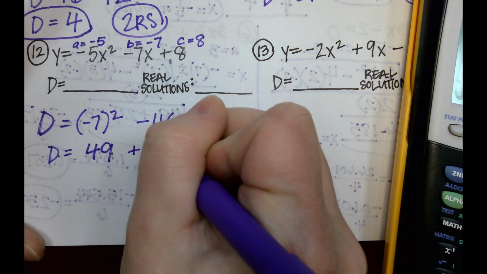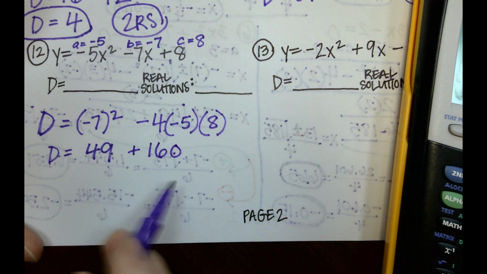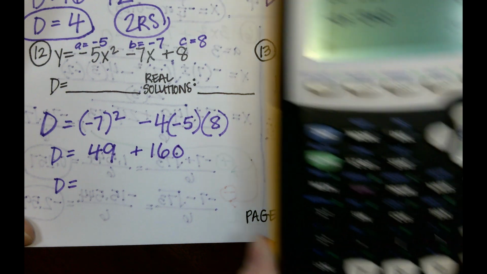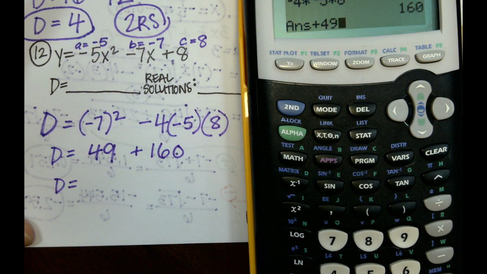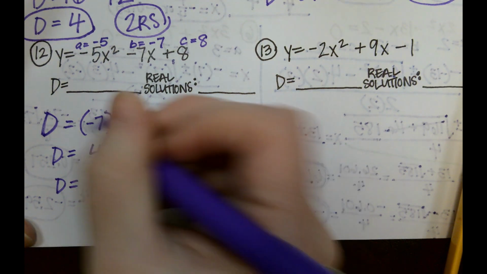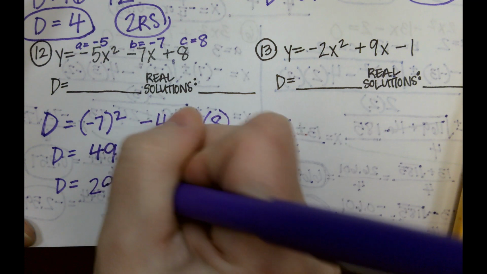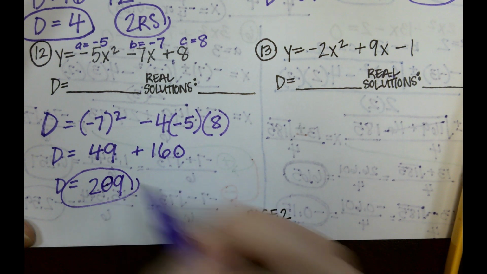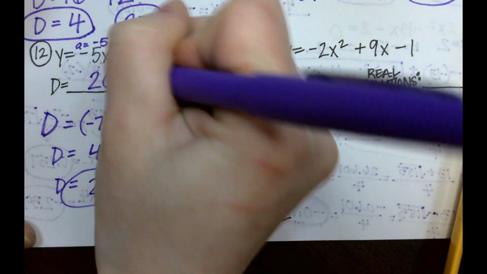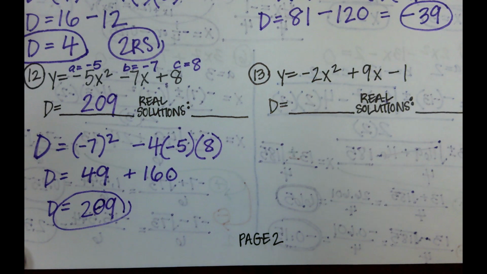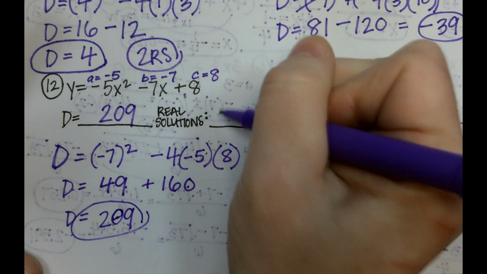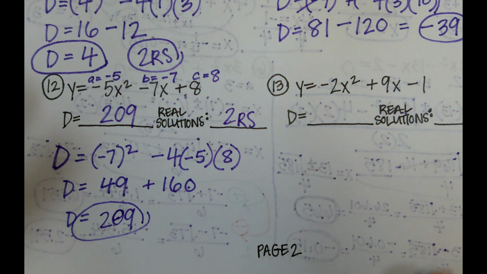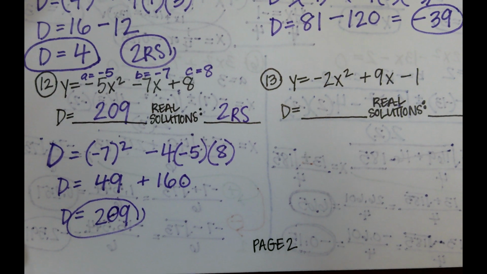So that means we're adding these two numbers. 49 plus 160 is 209. Good. So our discriminant is 209. How many real solutions? 2. Good. Okay, amazing.